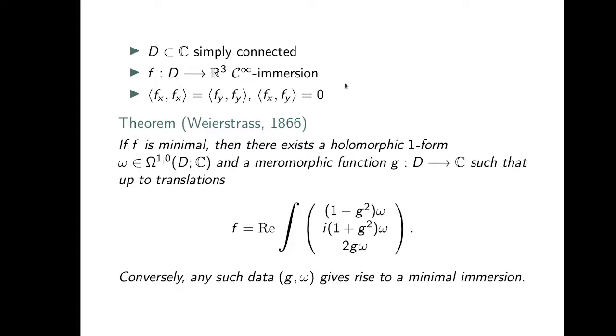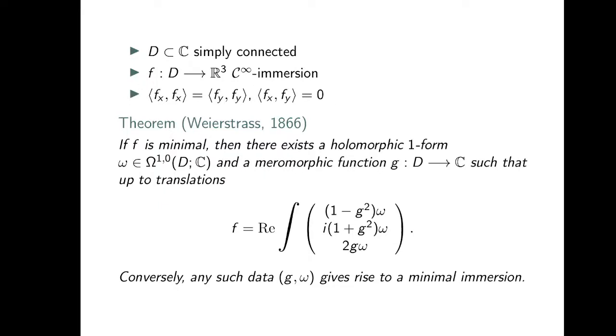Moreover, we will always consider that F is conformal, meaning that if you take two orthogonal vectors in D, which have the same length, then the derivative of F will map them into two vectors of R3, which are still orthogonal and which still have the same length.